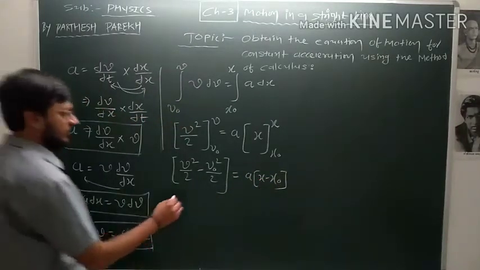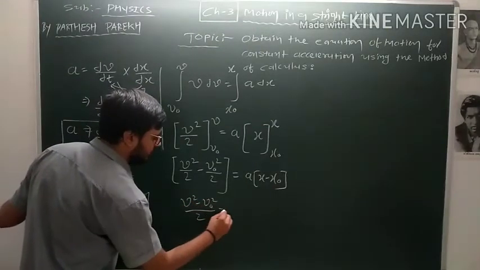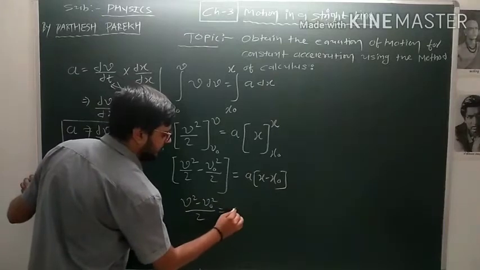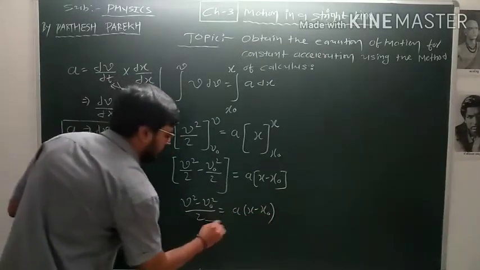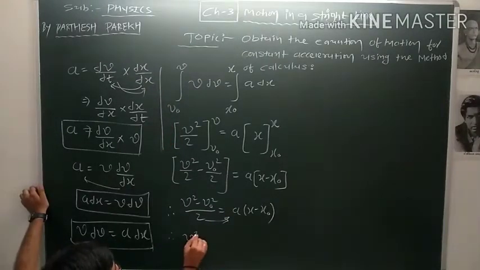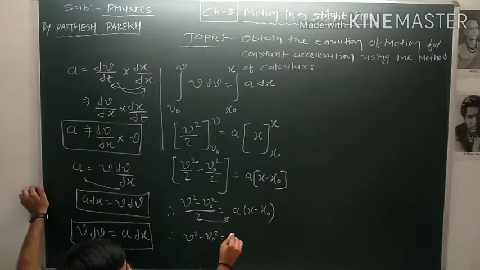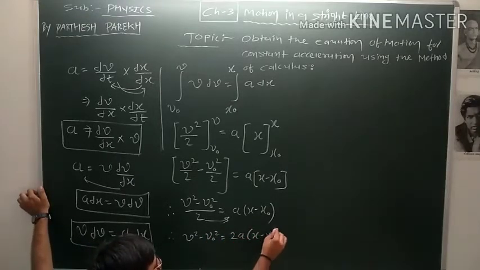Here we get v square minus v naught square by 2 equals a times x minus x naught. The 2 going to the other side, we get v square minus v naught square equals 2a times x minus x naught.